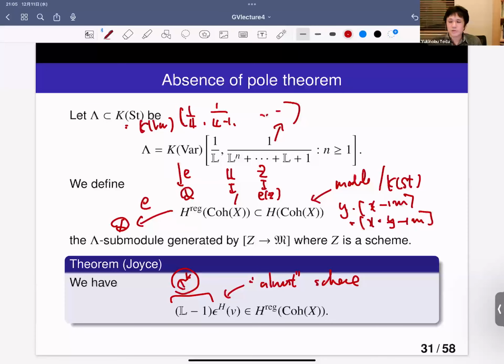After taking the logarithm, this says that the moduli stack virtually has stabilizer group only of the one-dimensional torus. So by taking the multiplication by L minus 1, we get this regular element. This is a very deep and difficult theorem.